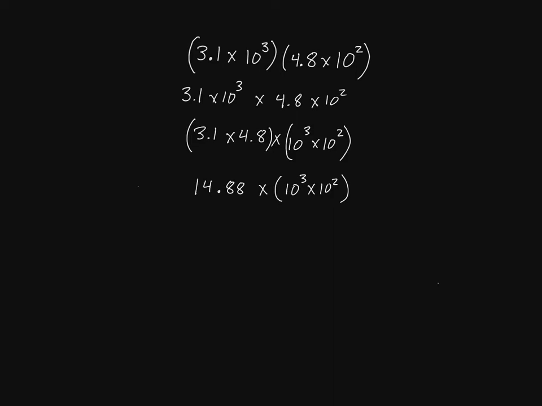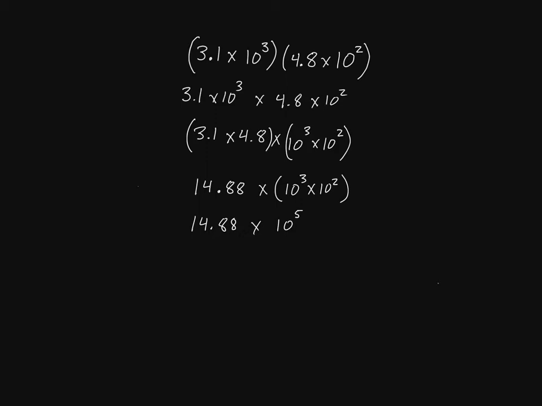Now we already know that 10 to the third power times 10 to the second power, when we're dealing with exponents with the same base, we just add the exponents. So we're going to rewrite this as 10 to the fifth power, because 3 plus 2 gives you 5.